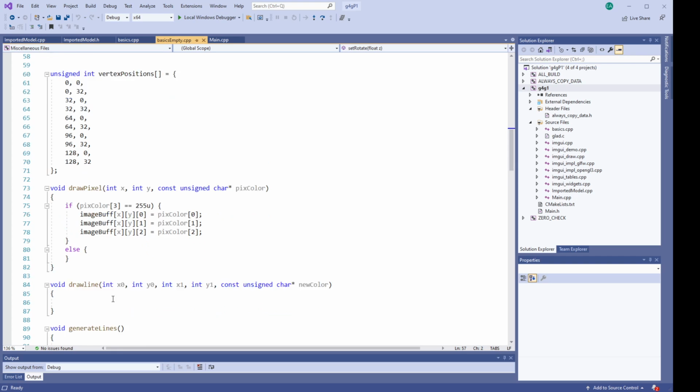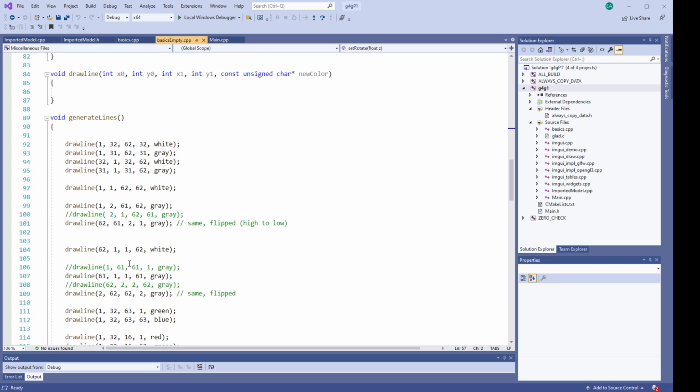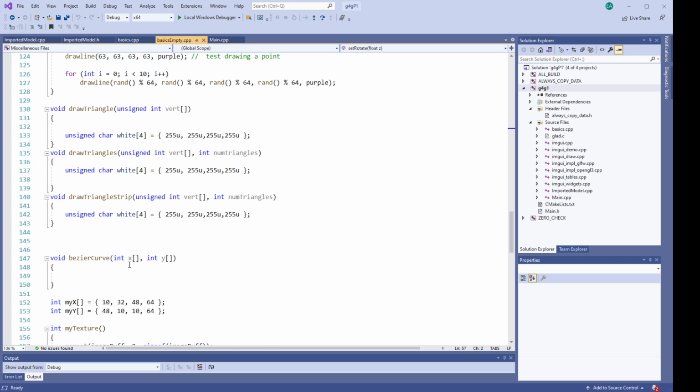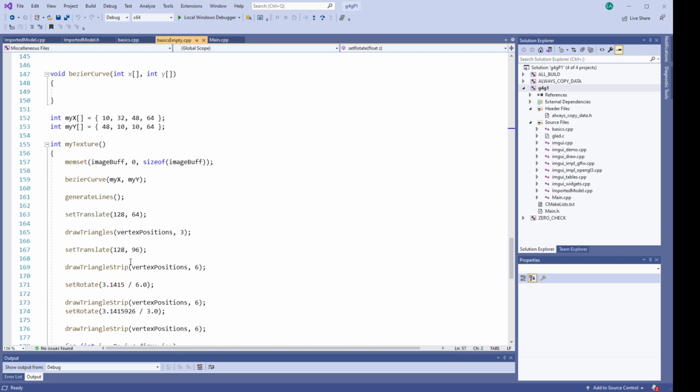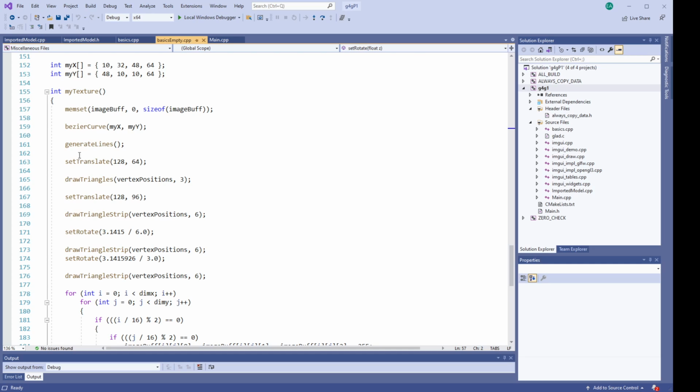And that could be used to do things like, I think down here, there's a little example where we'd set the translation, then draw a set of triangles, translate, draw a strip of triangles, rotate, draw that triangle strip again, rotate again, draw the triangle strip again. You may have remembered on the previous image there was a set of three things that kind of rotated there.